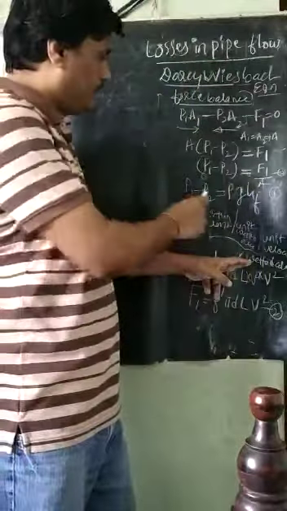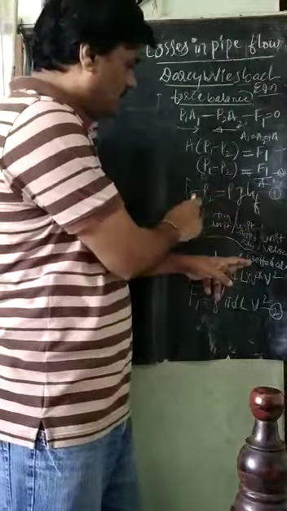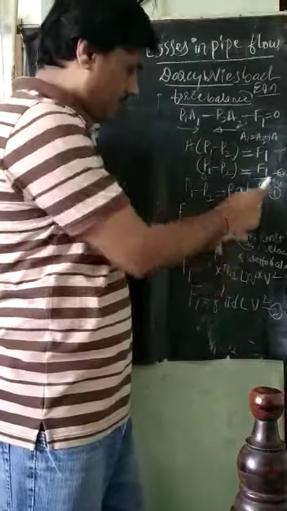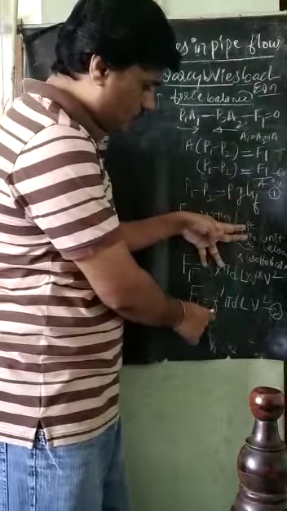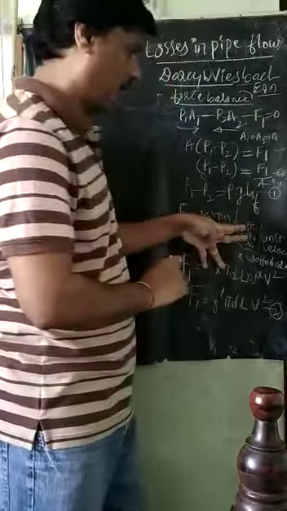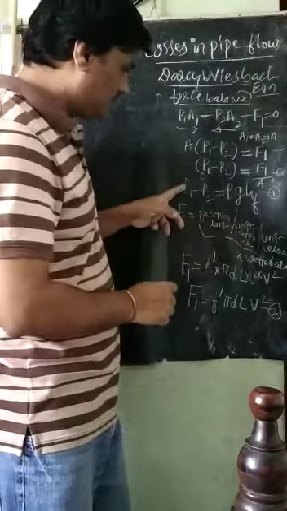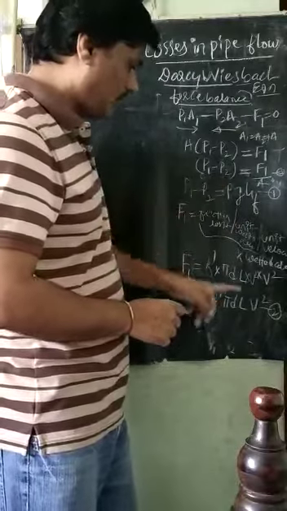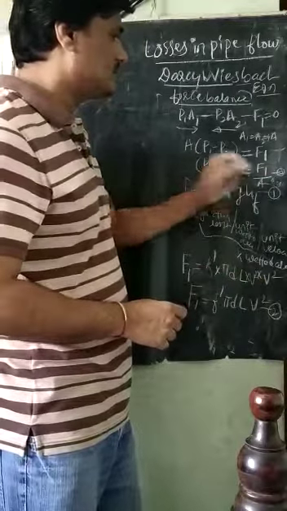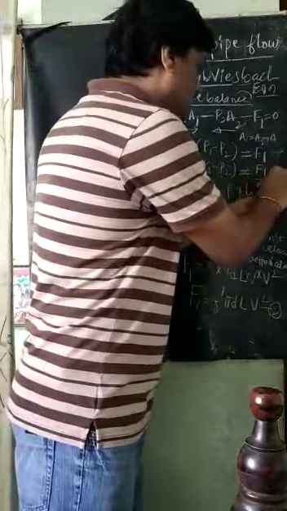Call this equation number 3. As we know from equation number 1, P1 minus P2 is rho g hf, and equation number 2 is F1 equal to F dash pi dl V square. Now I will substitute equation 1 and equation 2 in equation 3.